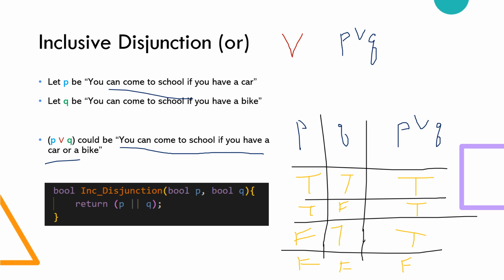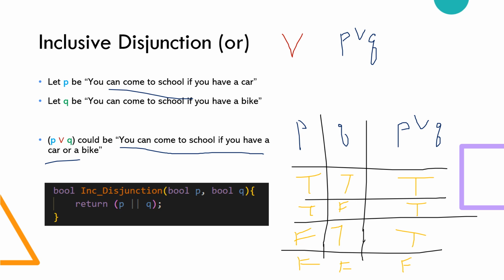As you can see, the inclusive disjunction is kind of the opposite of a conjunction. For the conjunction, the only way it can be true is if both propositions are true. But for this disjunction, the only way it can be false is if both P and Q are false.